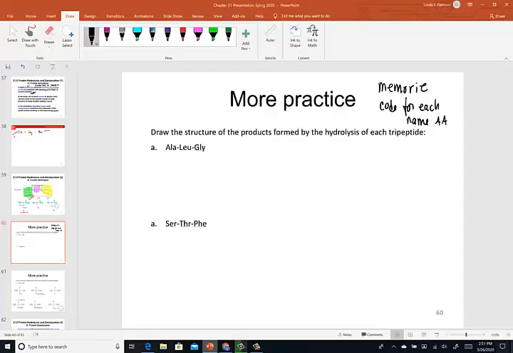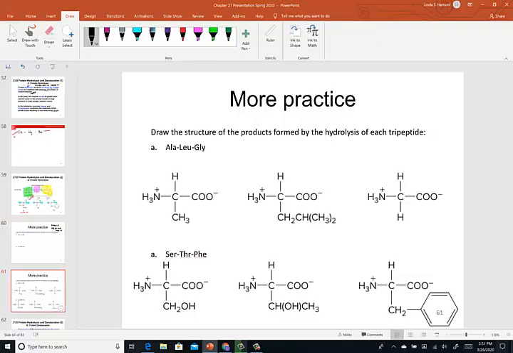All right. Well, so you have drawn those, and you have separated those into each individual Zwitter ion. So here is the alanine, ALA, functional group. Here is the LEU leucine's functional group. And of course, glycine, the simplest of all, would have just a simple hydrogen. Notice that we hydrolyzed to form 3 separate Zwitter ions of amino acids.